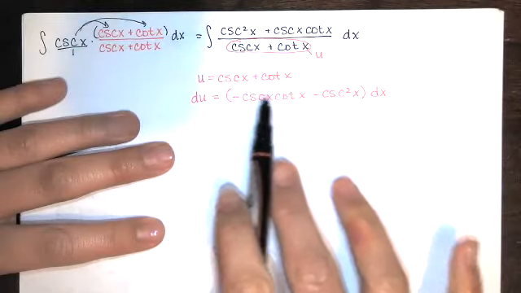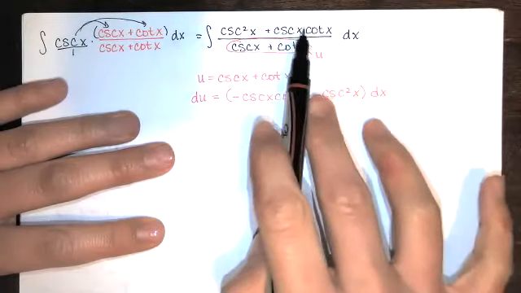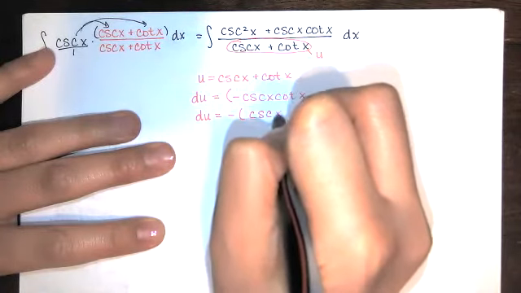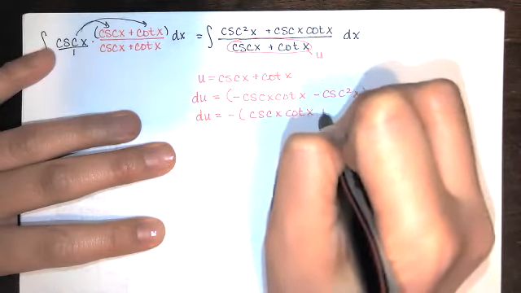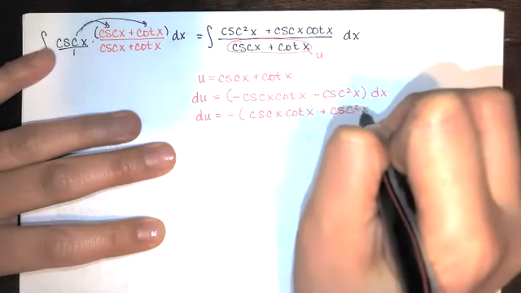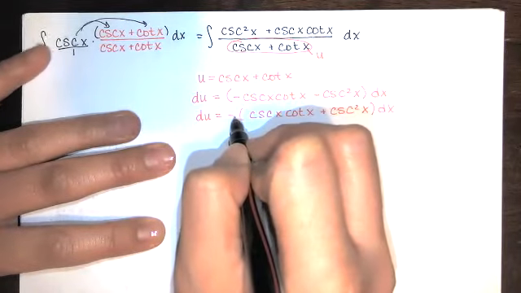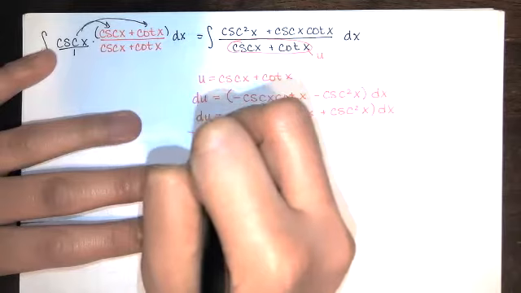Now, these have a negative factor and this doesn't. So we have to factor out the negative. And then since I'm trying to get all of this by itself, but without that negative sign, I'll multiply both sides by -1.